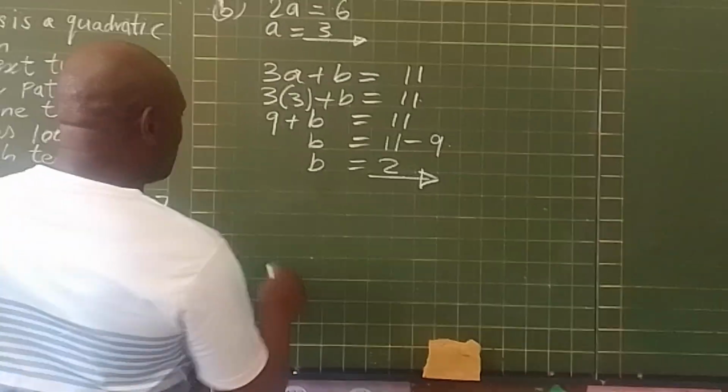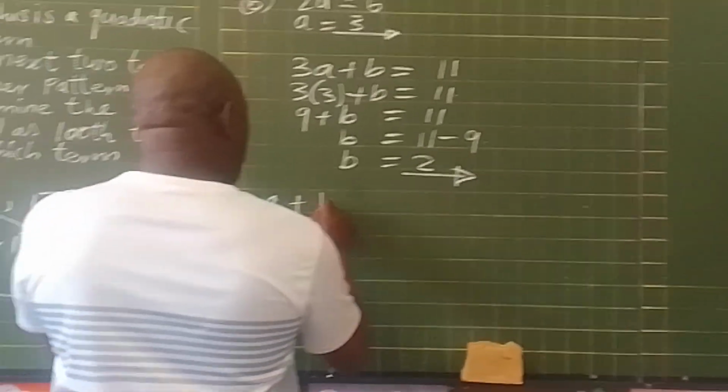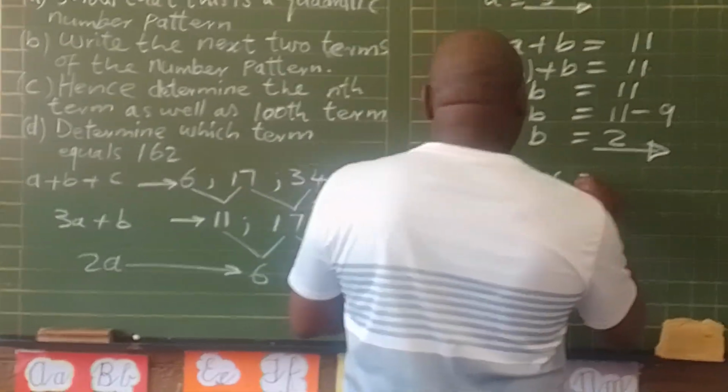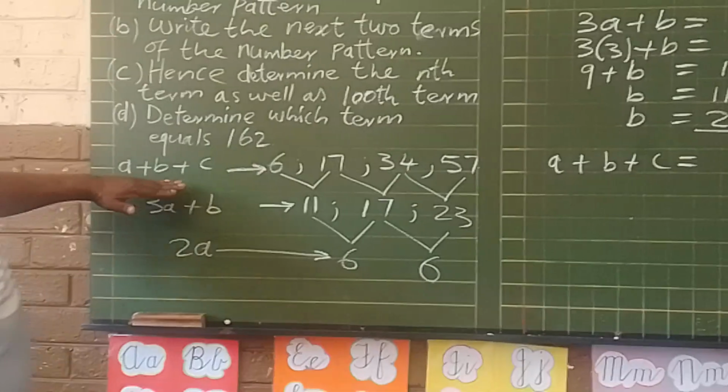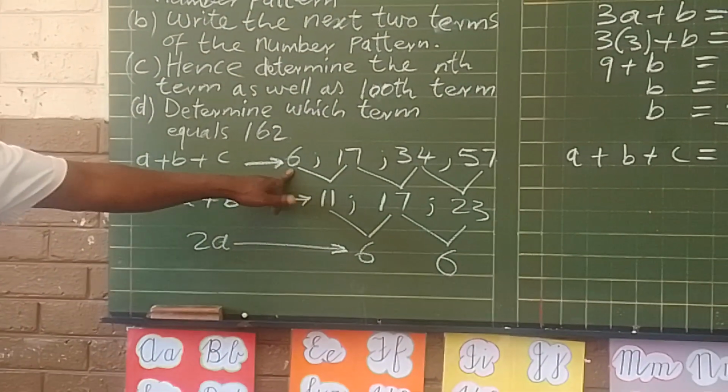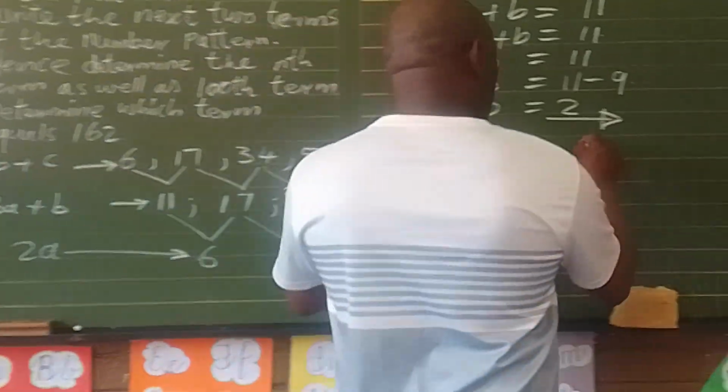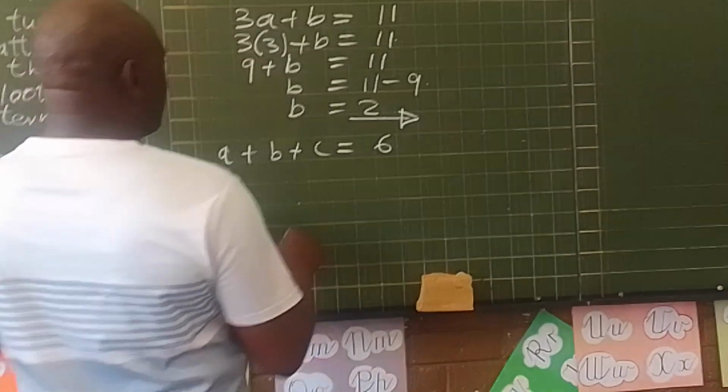You find the last one. a plus b plus c is equal to, let's come and check here. a plus b plus c must be 6. You put your 6 here, then you start working.